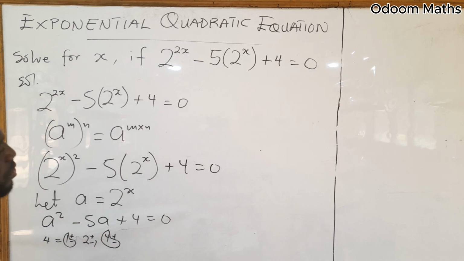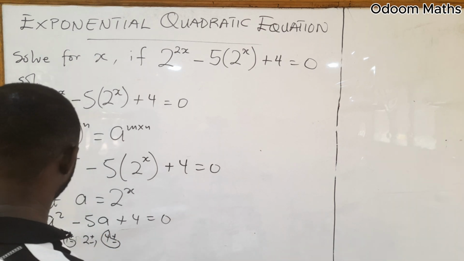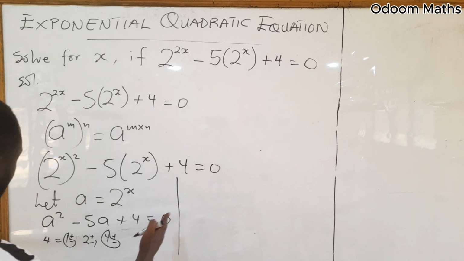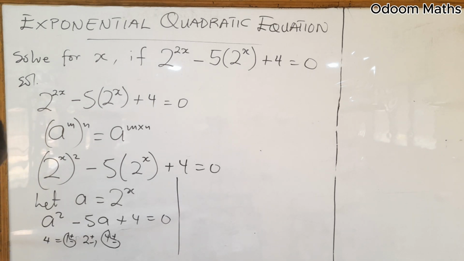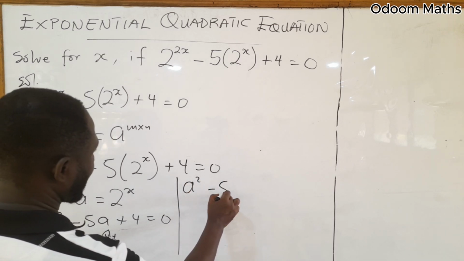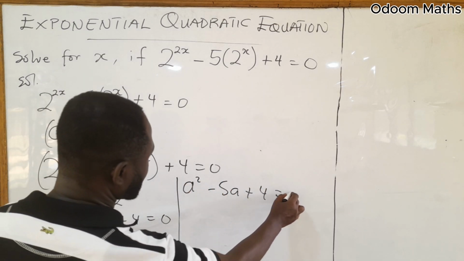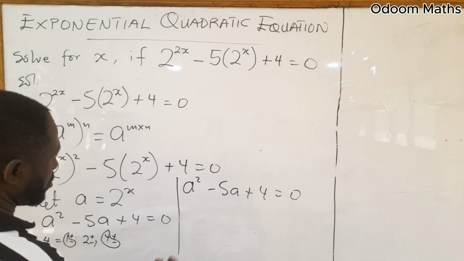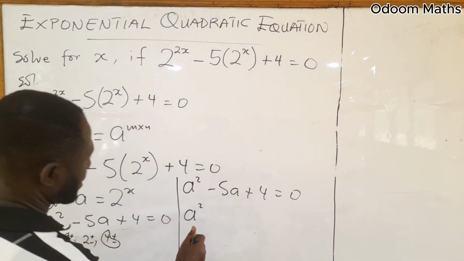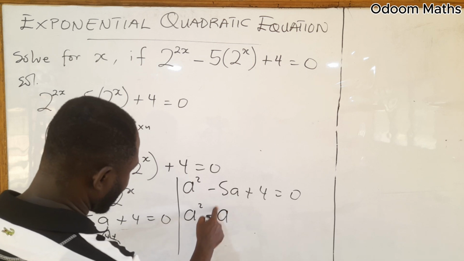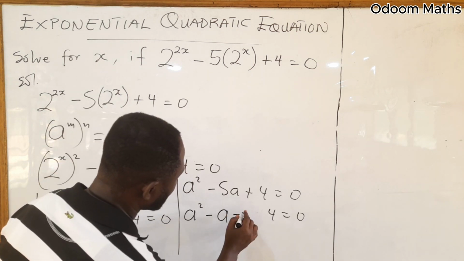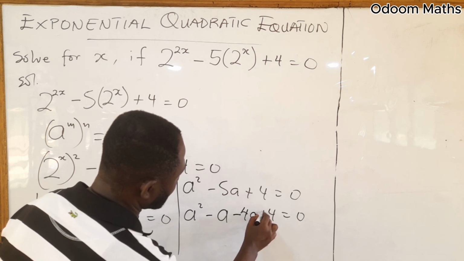Let me write the system here again. We have a squared minus 5a plus 4 equals 0. So a squared, and I put the negative 1 and negative 4 here: minus a minus 4a plus 4.